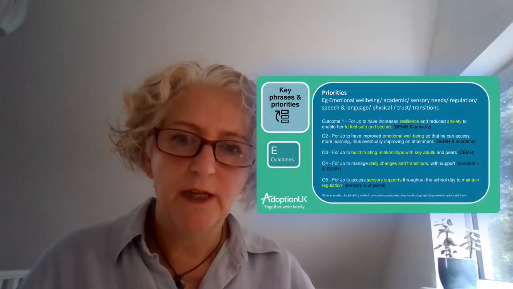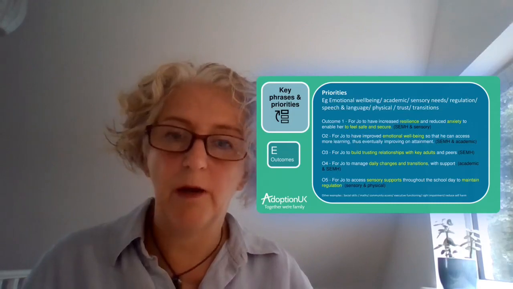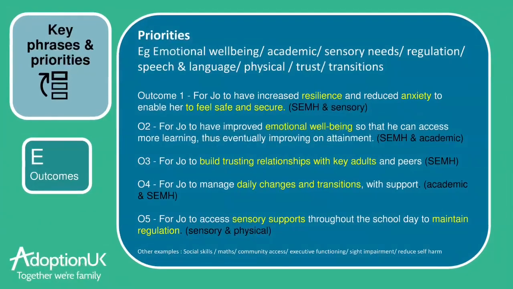Now, we're going to move into Section E, outcomes. Outcomes are sort of the big heading of what you want your child to achieve. And you do have an opinion in this area.